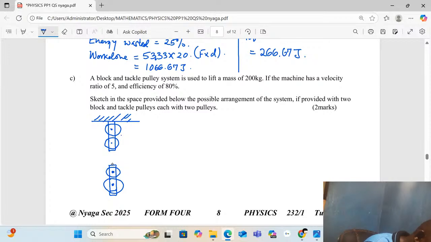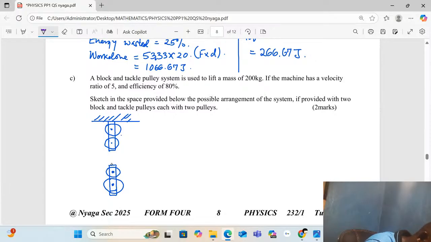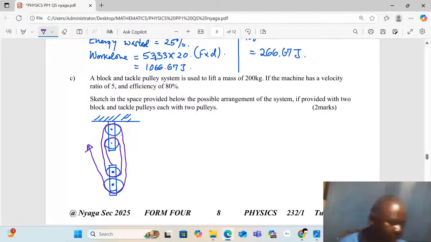So my rope will move like this. From here, like that.